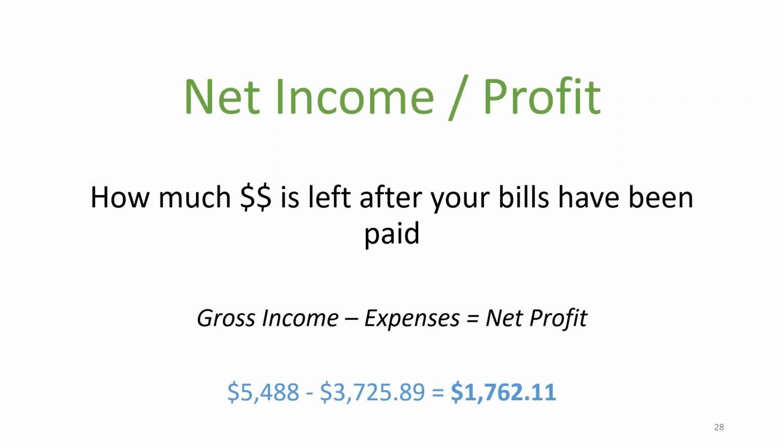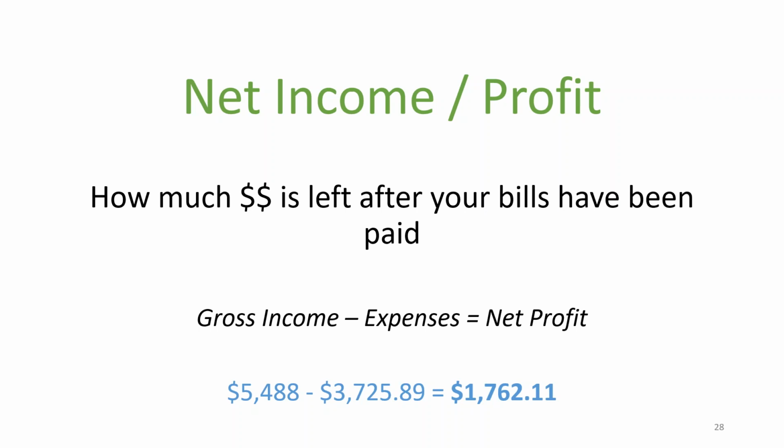So in this example, my gross income was $5,488, my expenses were $3,725, and my net profit was $1,762. So for my very first year of farming with no experience, I was able to turn a profit, which I was pretty proud of.